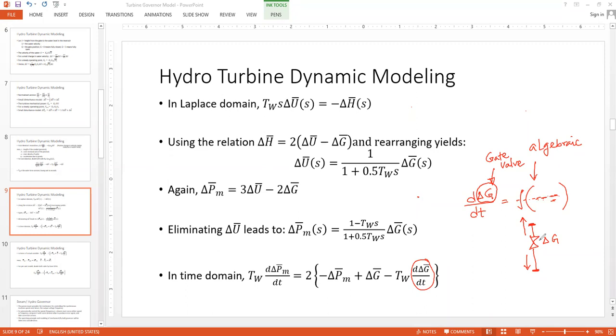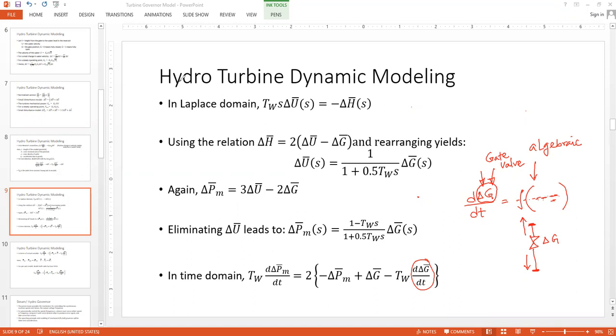So before we go into the modeling, let's focus on the necessity of this change in position in G. Why do you need to change it? Because we are looking for some expression d del G by dt, which will allow us to know how much change in G there is with respect to time. But why do we need to change G actually? What benefit would we get, or when do we want to change it?